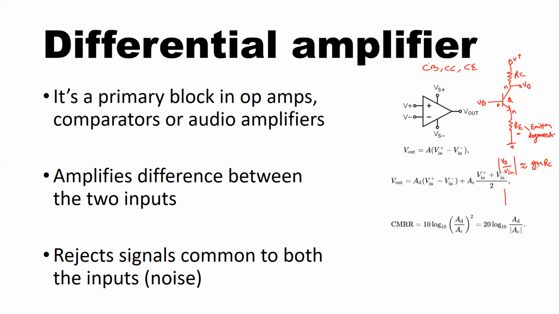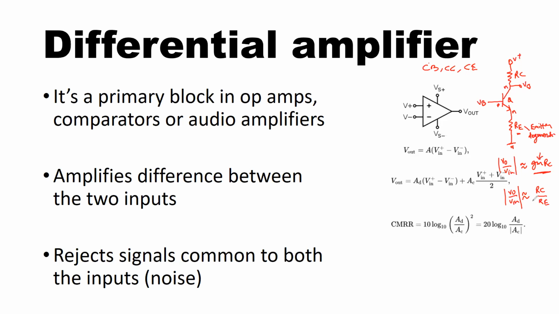This is the gain without the emitter resistor, and with it, your gain was about RC over RE. So you see that the gain is independent of the transistor transconductance, which has variations, and therefore the gain is likely to vary.